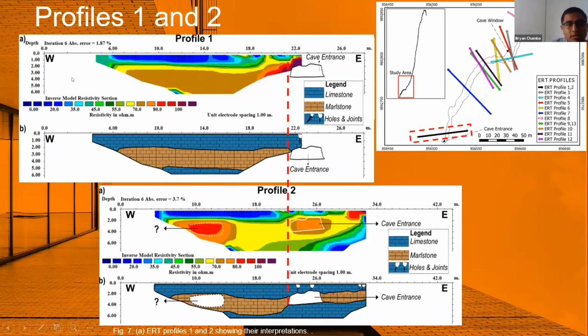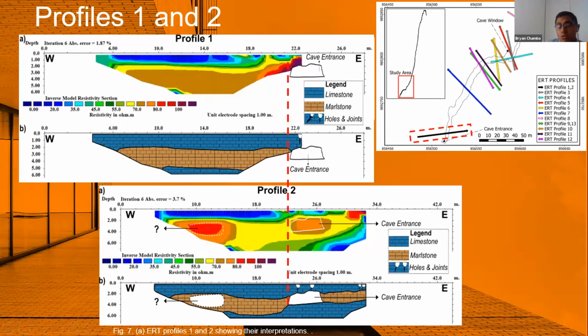So how could we interpret these profiles? In this part, we have depth, here we have the distance of the profile, and here we have the values of resistivity. Blue colors mean low values of resistivity, while dark red colors mean high values of resistivity.